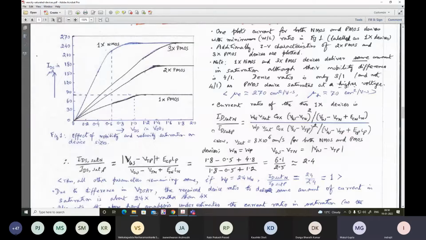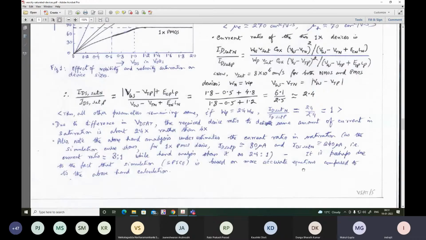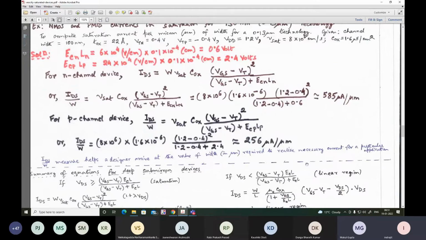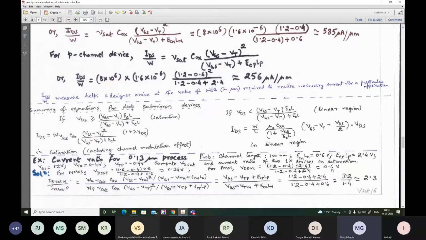So the difference in the saturation current of PMOS and NMOS will help us determine the required size of the individual devices, so that we can get an acceptable, elegant timing characteristic. That will be an indicator of the size requirement. Okay, got it, Ravi? Yes, sir.